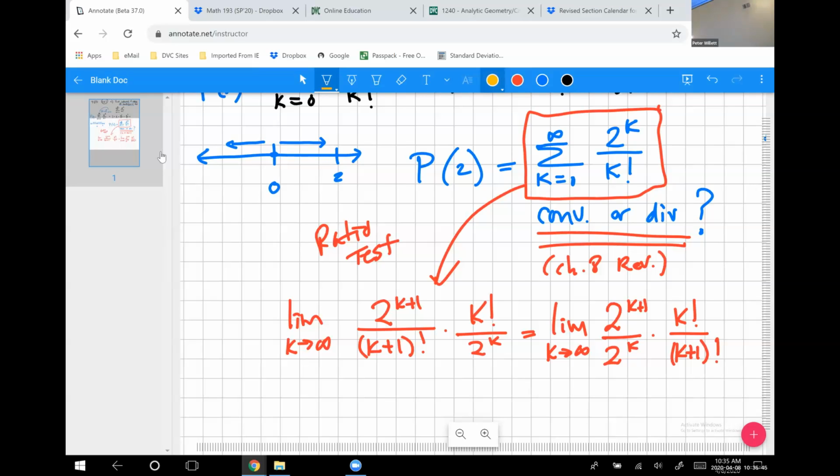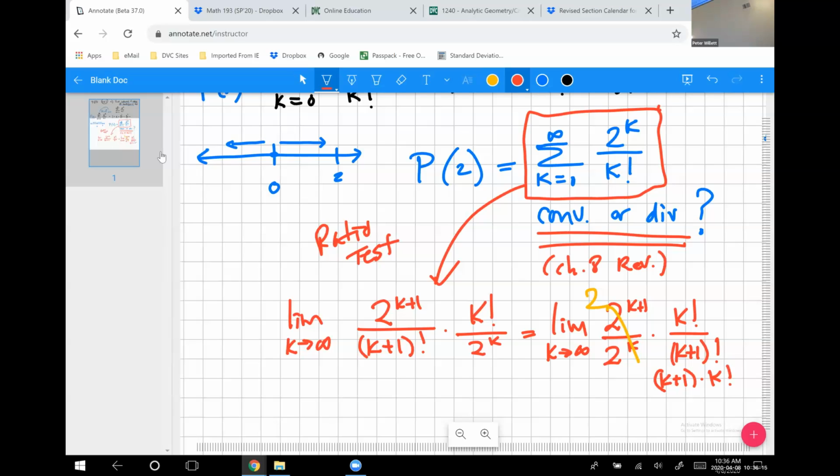And when you take 2 to the k plus 1 and divide it by 2 to the k, you subtract the powers. So this whole thing here becomes a 2. And when you take k plus 1 factorial and k factorial in a fraction, k plus 1 factorial can be written as k plus 1 times k factorial.